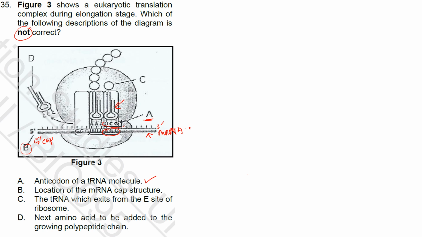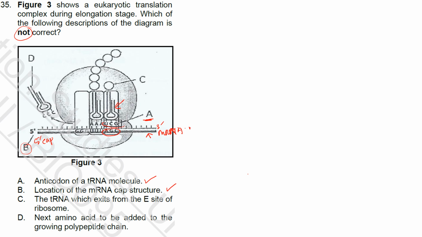The first is to facilitate the mRNA moving into the cytoplasm. Second is to protect the mRNA from hydrolytic enzymes in the cytoplasm. And the third is to help the mRNA attach to the ribosome. So the statement for B is correct.